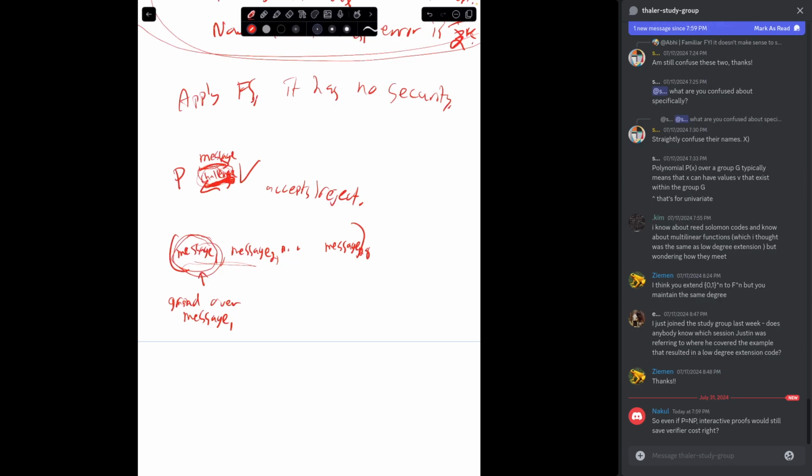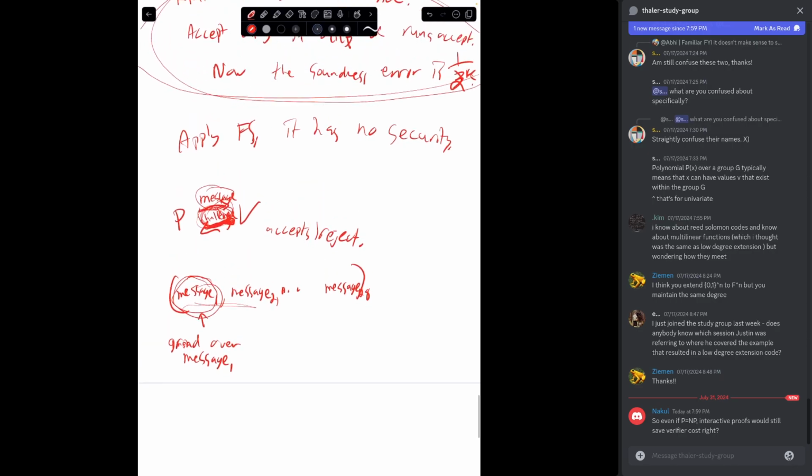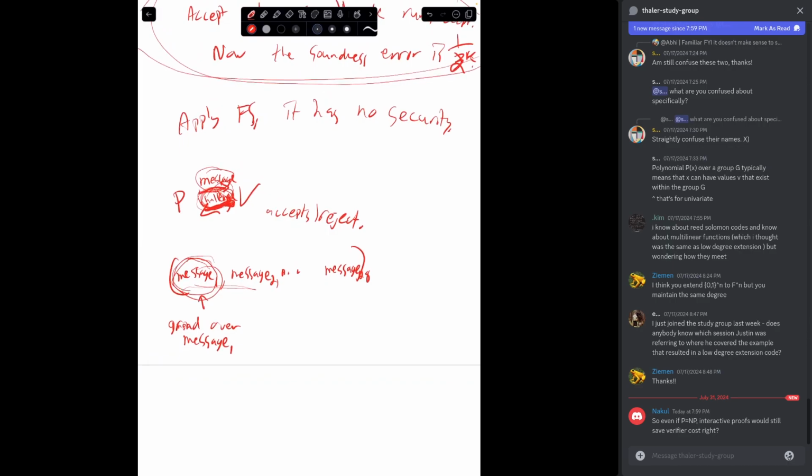It hashes it to get the verifier challenge, and it can just keep going until it finds a message that hashes to a challenge causing the verifier to accept. And because the verifier's acceptance probability in each run of the protocol is a half, in expectation it only has to try about two messages before it finds a good one.